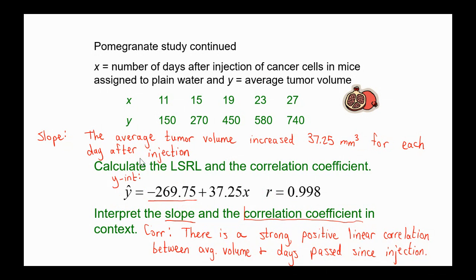So if we think back to what we said yesterday, we would say initially the tumor size was negative 269.75 millimeters cubed. That's what I'm asking you. How does that make sense? Does that number have any meaning then?